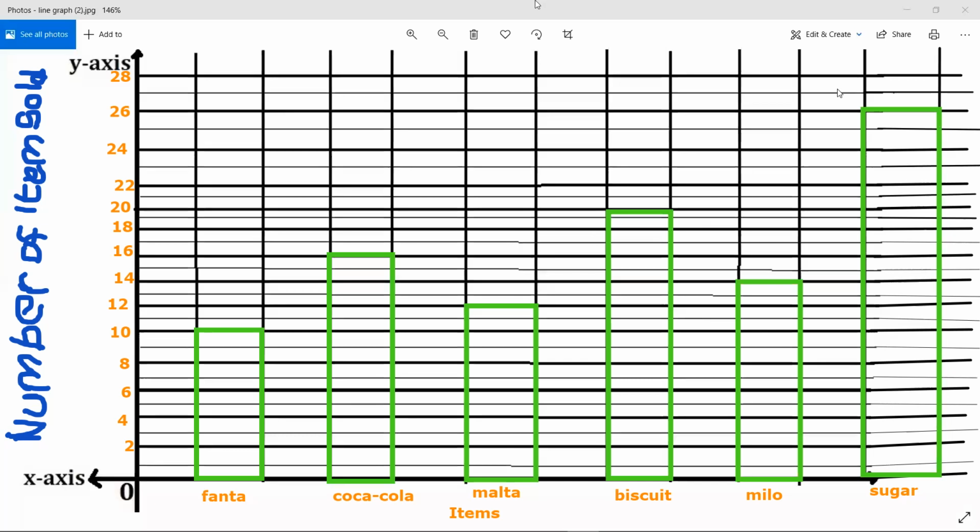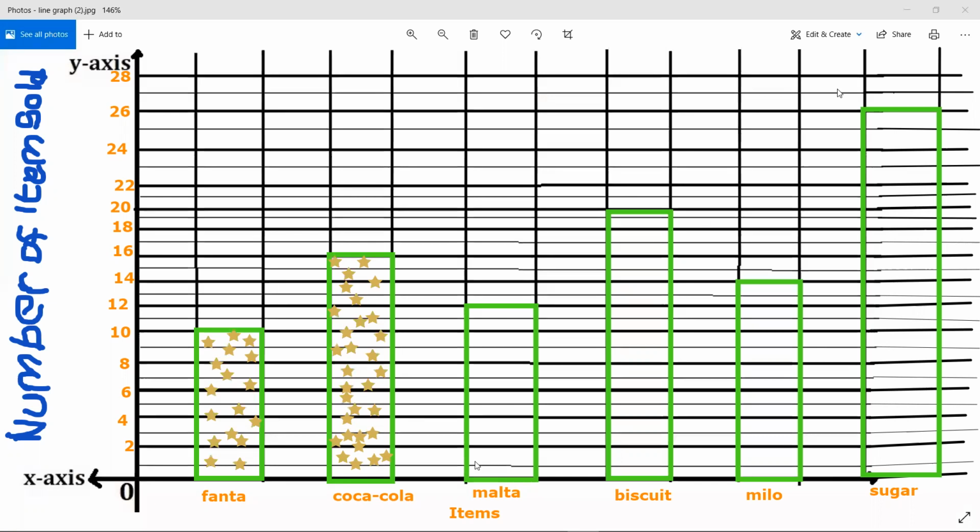Now with this one, the Fanta, which is 10, the number of Fanta sold is 10. And this one too is the Coca-Cola. The number of Coca-Cola sold here is also 16.